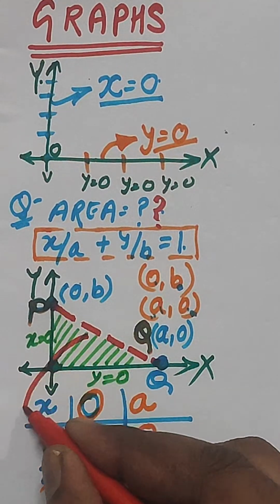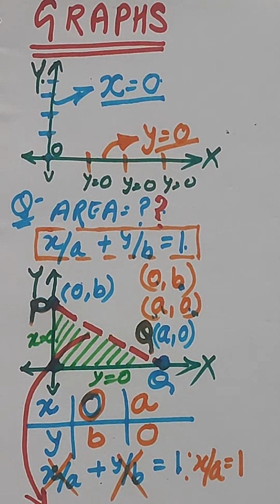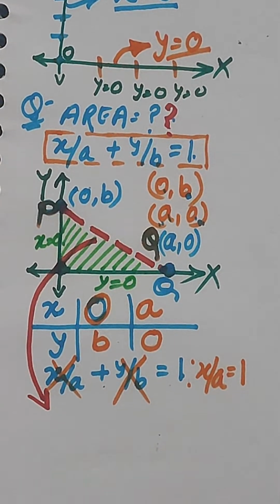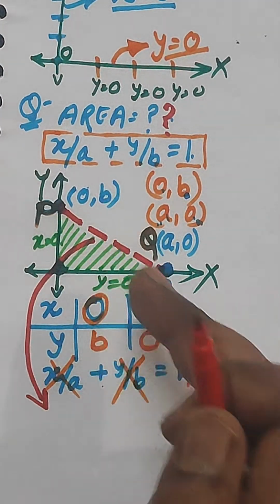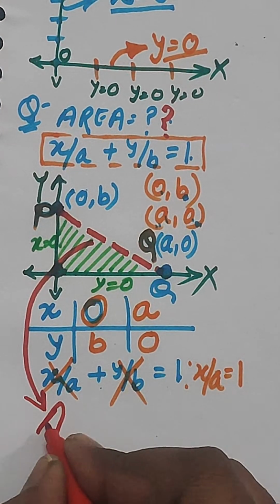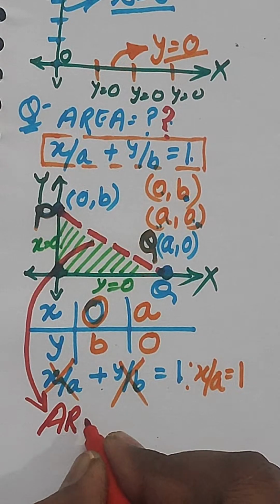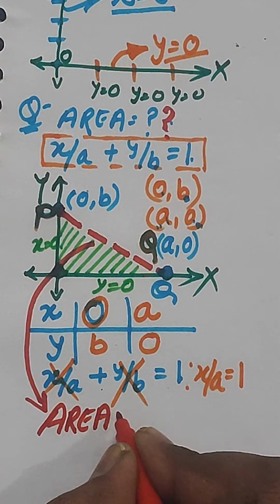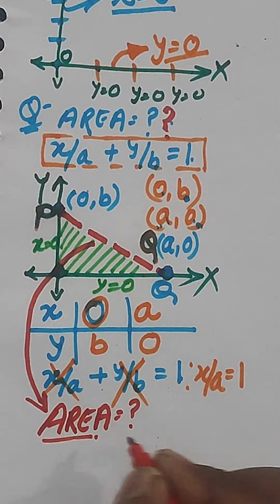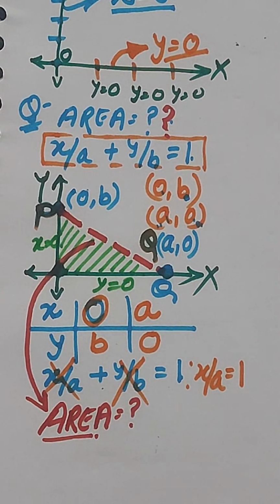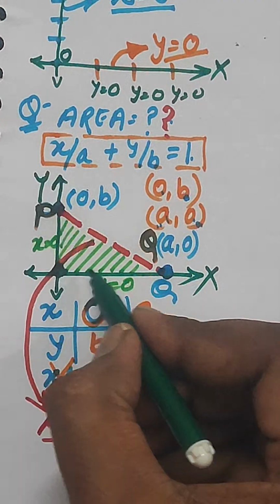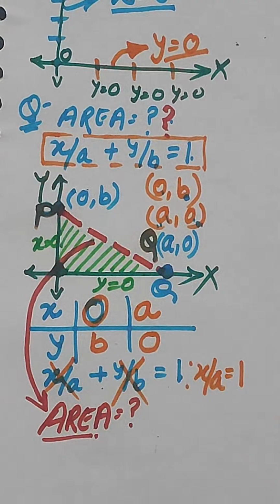So to calculate the area of this triangle, you can see this is a right angle triangle. Why?